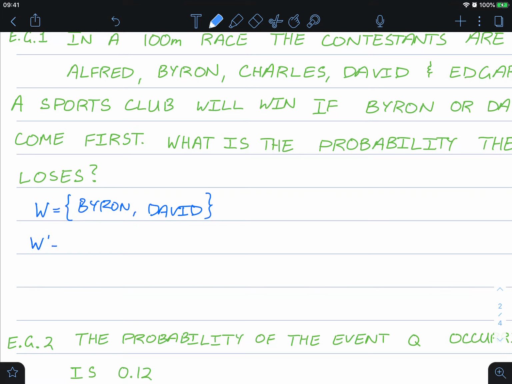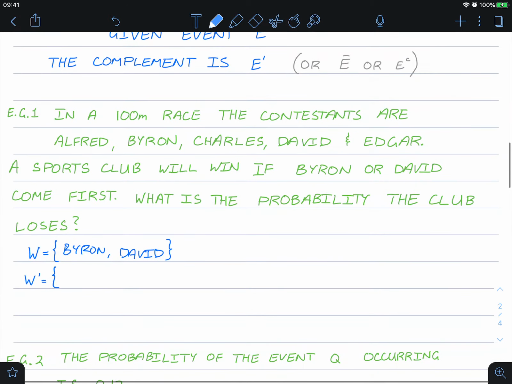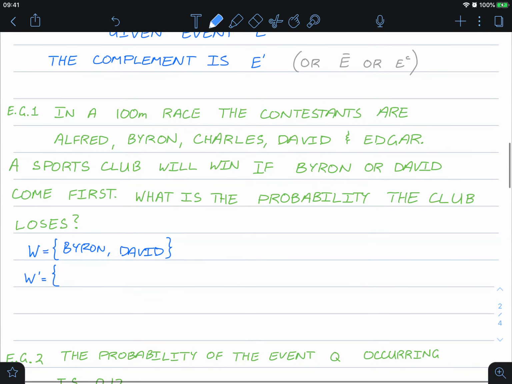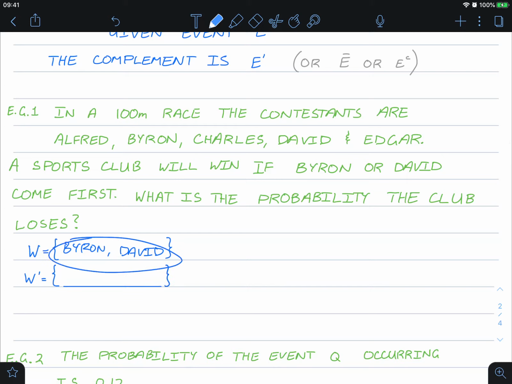The complement of a win is a loss. You could just say L for loss, but I'll use the proper notation, W dash. Well, for complements, we list all the outcomes that are not in the event. We remove Byron, remove David, and the remaining names belong in the complementary event.